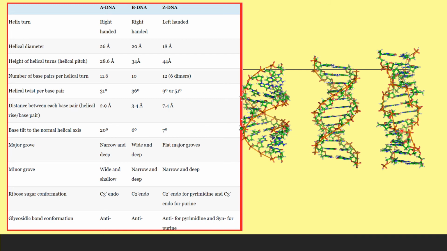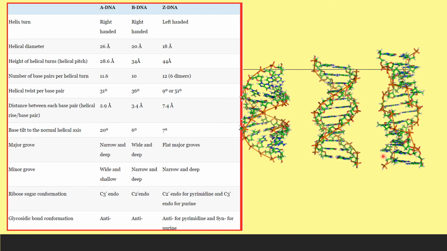The number of base pairs per helix turn is, this is one turn. So here you can see 11.6 base pairs in aDNA and 10 base pairs in bDNA, and here 12 dimers or nucleotide pairs are seen in the zDNA.